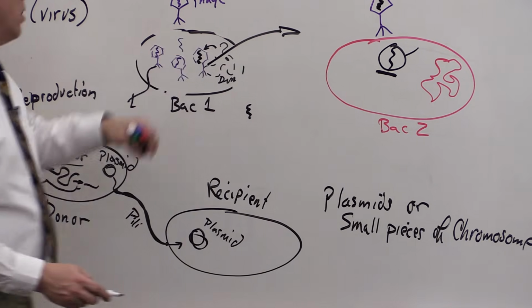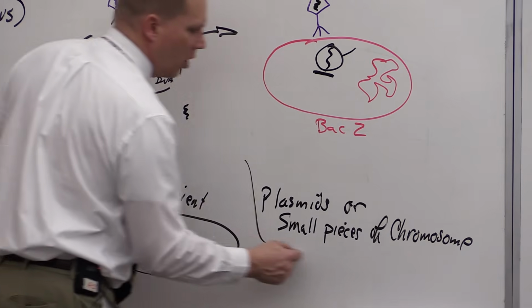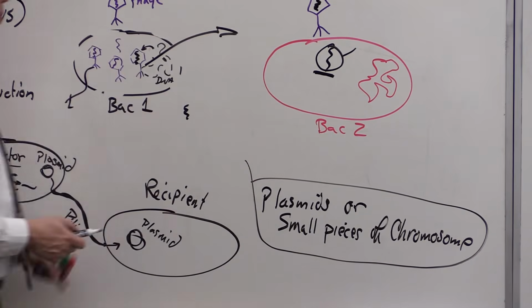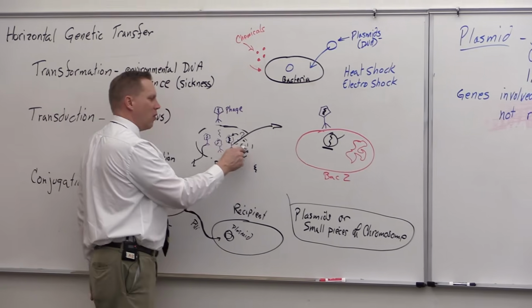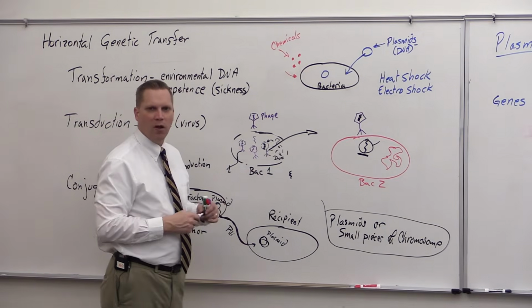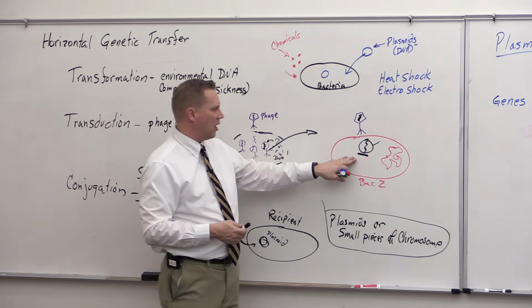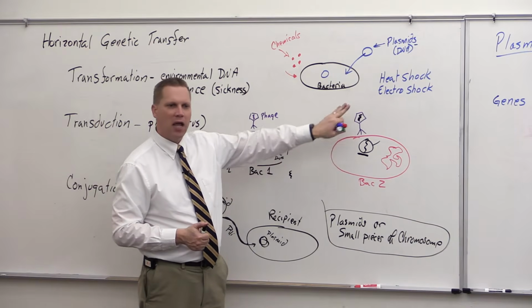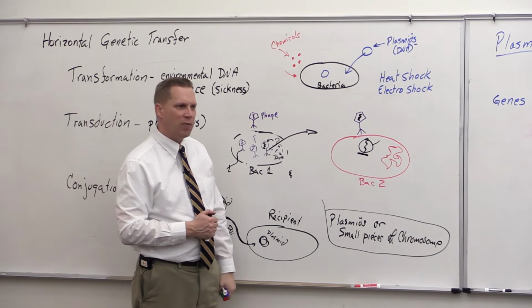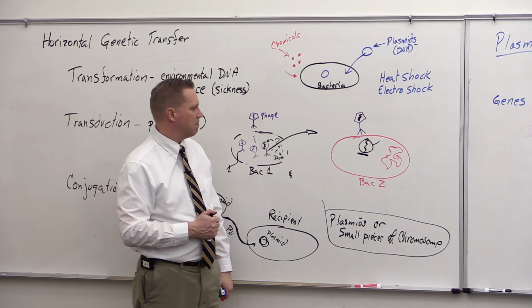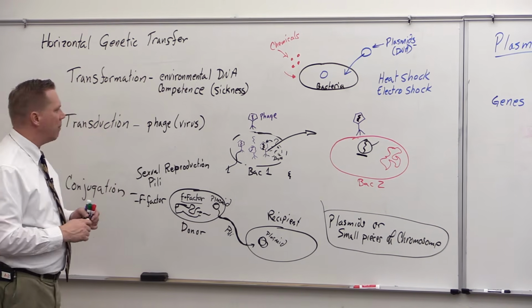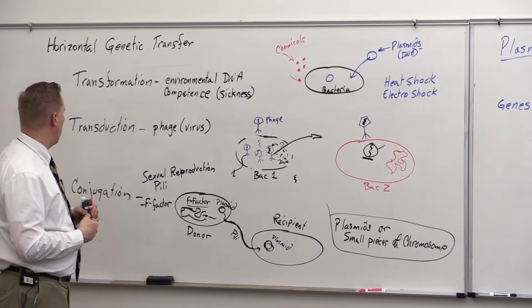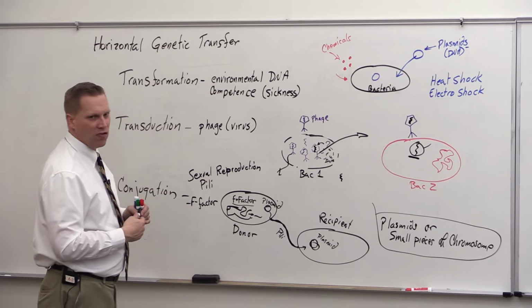And again, up here in the phage, in all cases, usually we're talking about plasmids, but particularly in transduction, we may have broken up the chromosome into smaller pieces. And so it might be here that you're transferring not a plasmid DNA, but actually a small piece of the chromosome. Okay? Those are three different mechanisms of horizontal genetic transfer.